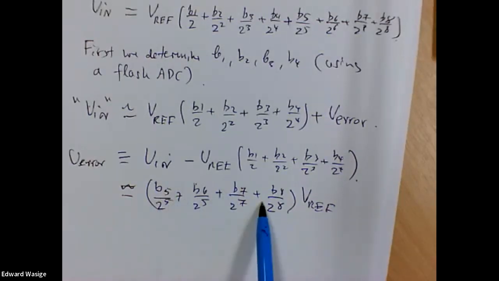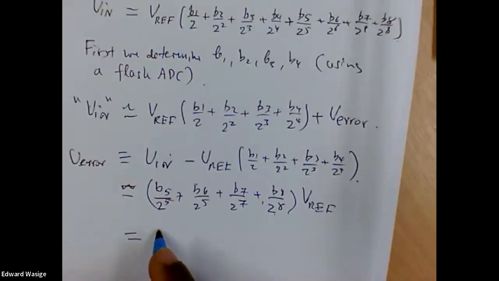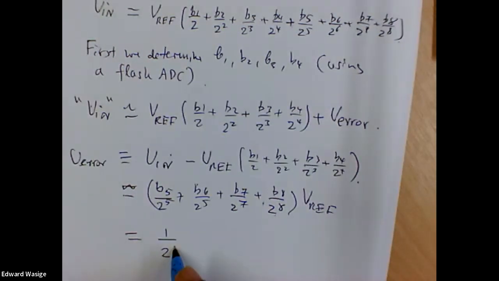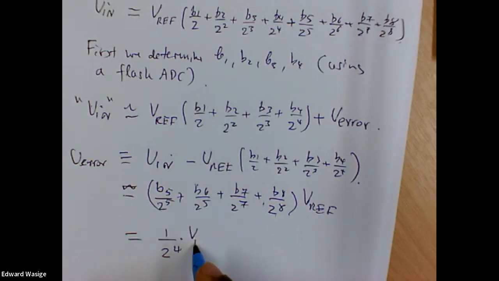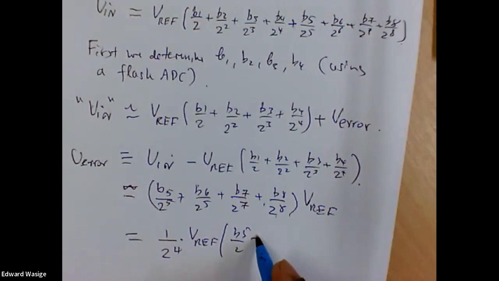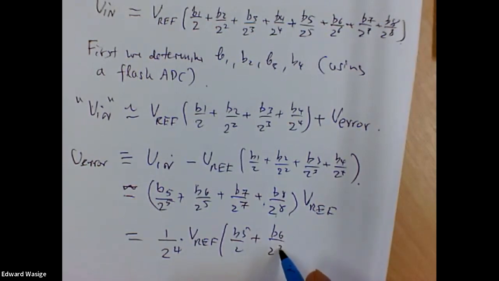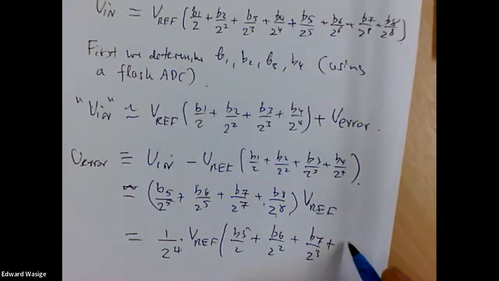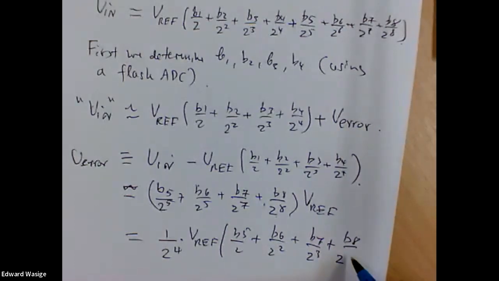So this expression looks a bit like that, but it's not quite the expression of an ADC. So I can factor out 2 to the power 4, and if I do that, I can write this as Vref times B5 over 2 plus B6 over 2 squared plus B7 over 2 cubed plus B8 over 2 to the power 4.